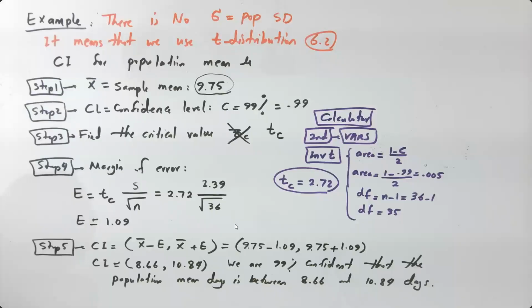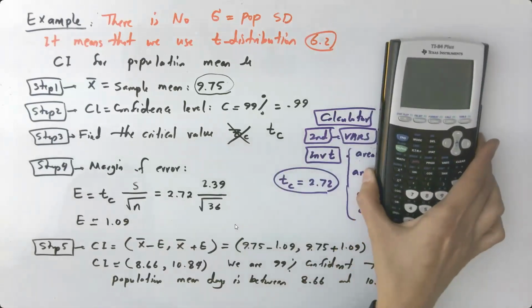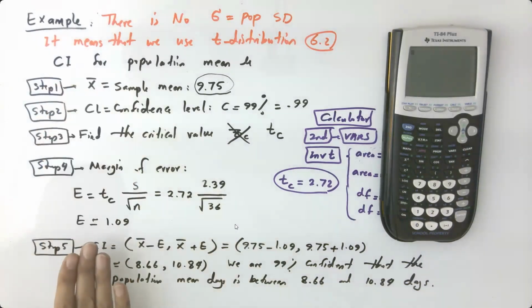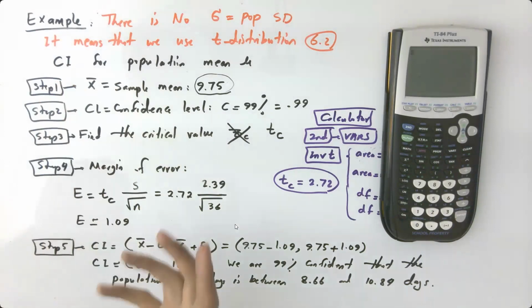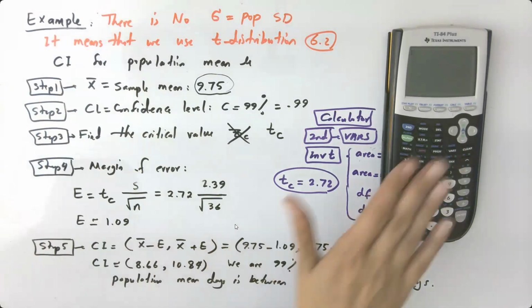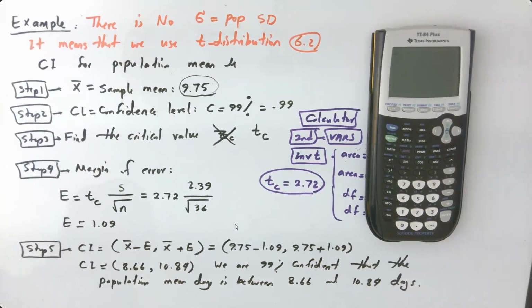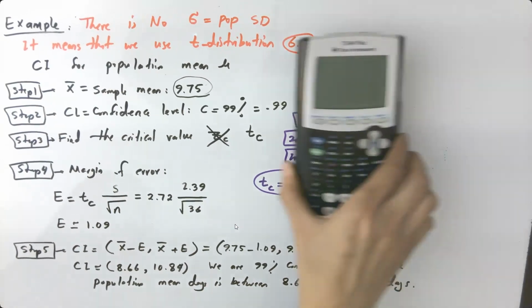Now, how do we use our calculator to actually make sure our computation is correct? Very good. So these are the steps that we took to build the confidence interval. We need to double check our answer. Let us use our calculator to double check that we actually have a correct confidence interval.